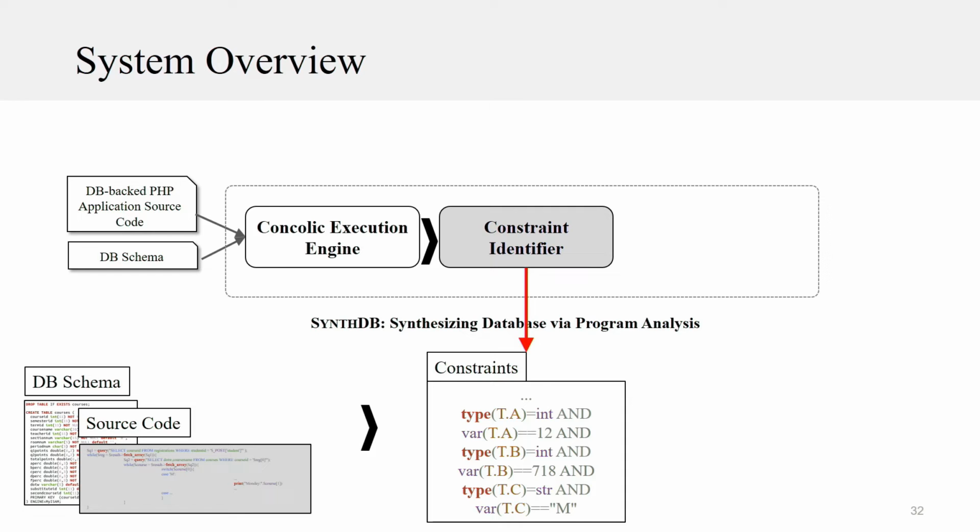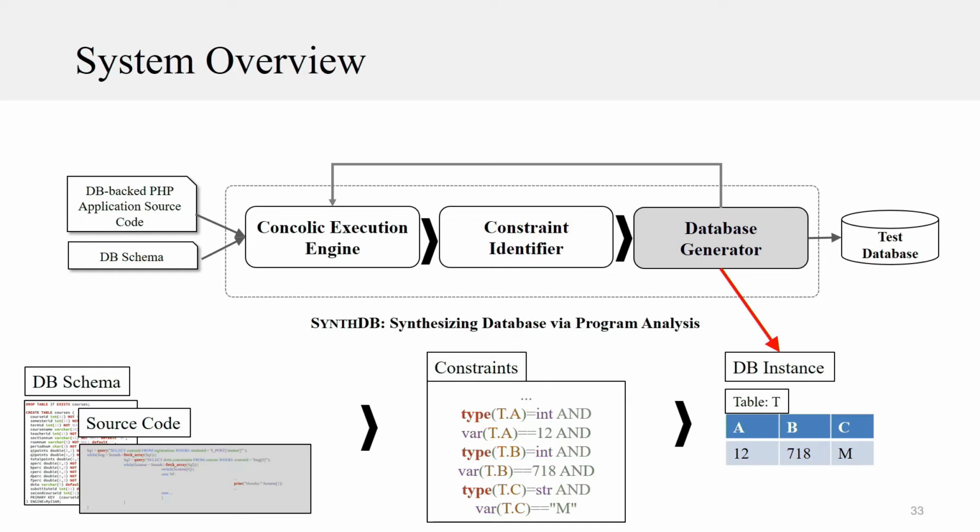Here is a database constraint example that SynthDB can extract from the motivating example. Later, the database generator will solve all the collected constraints with an SMT solver to synthesize a test database and generate the new input for the concolic execution engine.